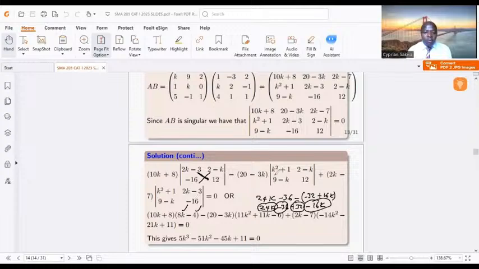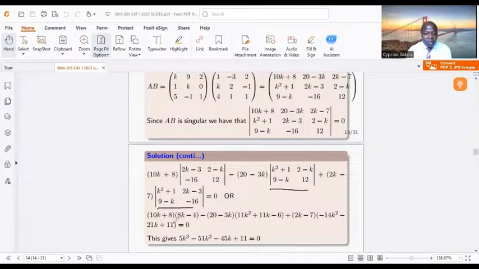Now, you do again for this. These are the brackets. These are the determinants. And see that you obtain what I have.